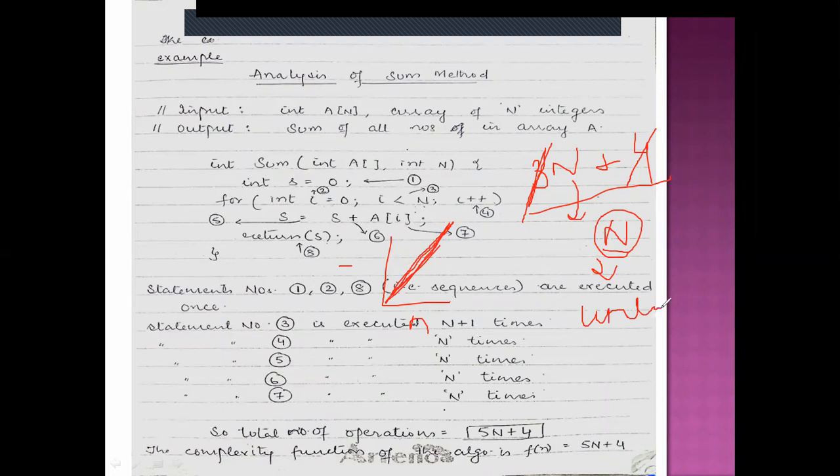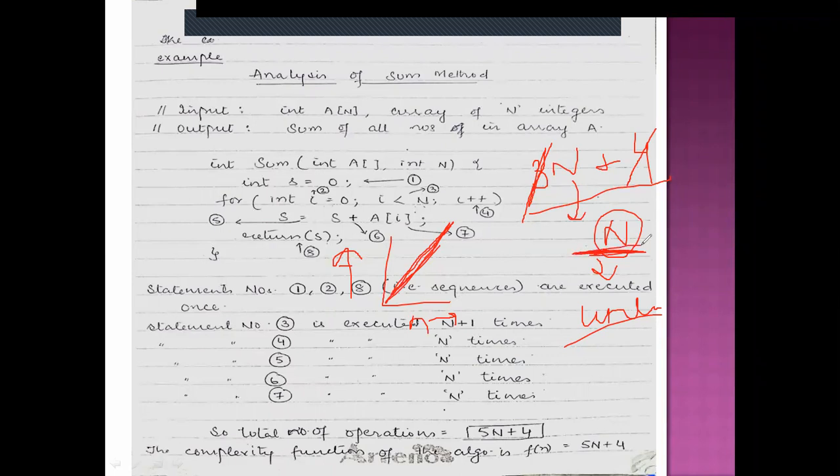Growth rate is linear. Growth means what? As you are increasing the value of n, how is the time complexity increasing? If n is 5, complexity is also 5. If n is 100, complexity is also 100. So the complexity is n, linear n.